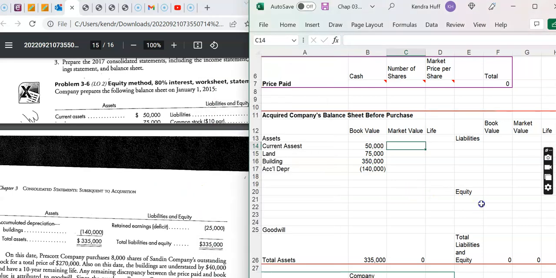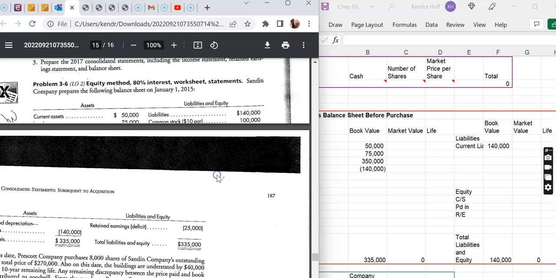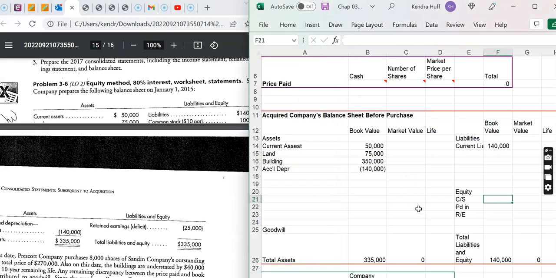Over here we have liabilities of 140. I don't know if they're current or not. It doesn't really matter. Common stock, paid in, and retained earnings. 100. 120.